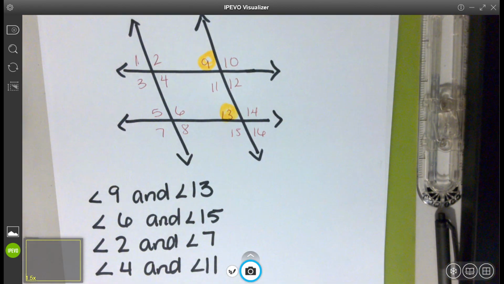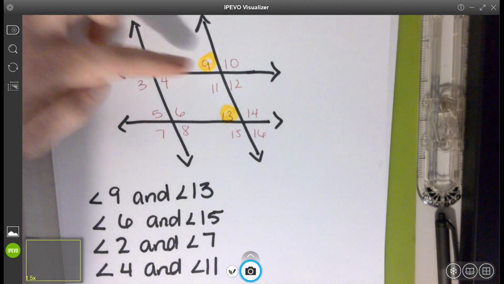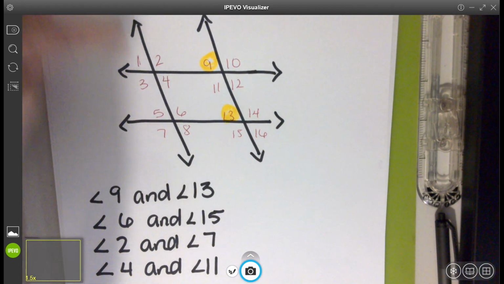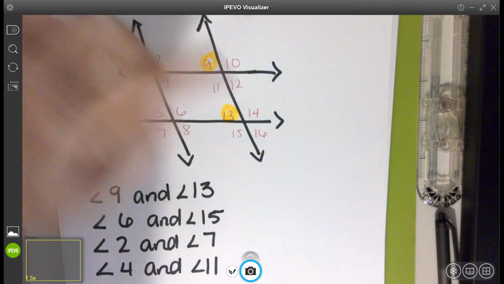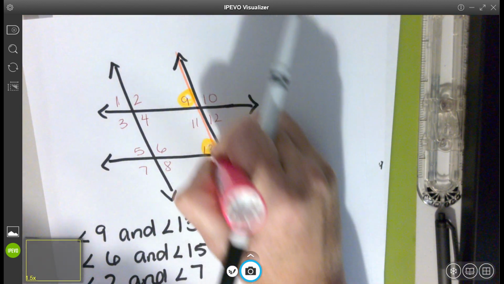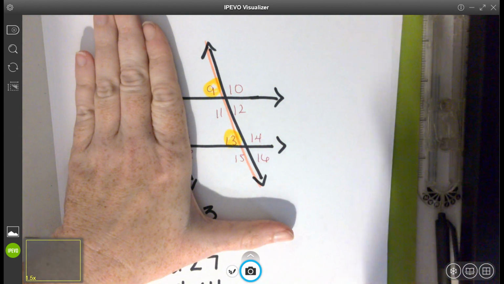The first thing I want to do when I see that problem is see what transversal it is touching. So is 9 and 13 touching this line? The answer is no. Is it touching this line over here? No. Is it touching this line down here? No. It's touching this line. So I'm going to highlight that line. So that means I'm only focusing on this picture here, and I need to see the relationship.